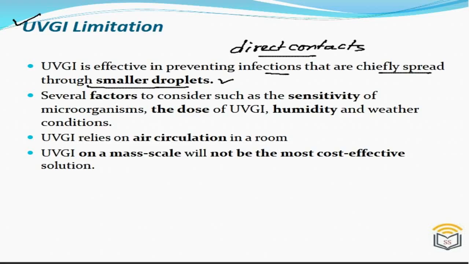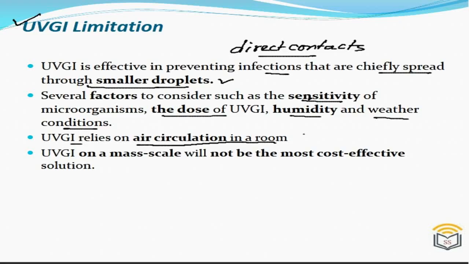Now, while using UVGI, it is important to consider factors such as the sensitivity of the microorganisms, the dose of the UVGI, and the humidity and weather conditions of the surroundings. These are the limitations. UVGI also relies on air circulation inside a room.